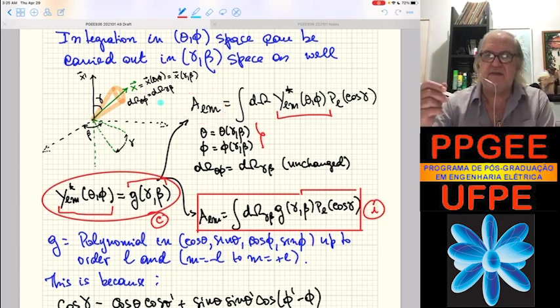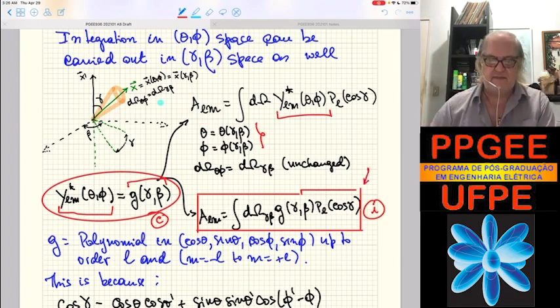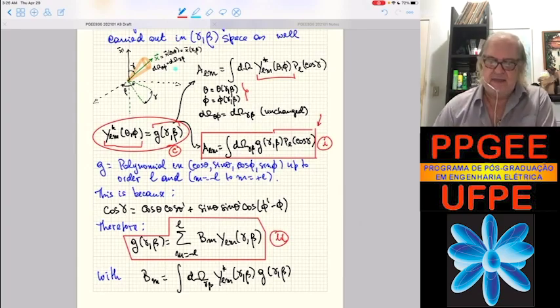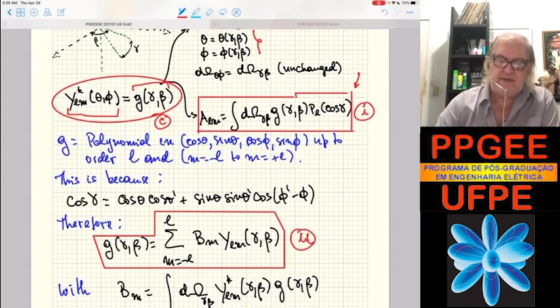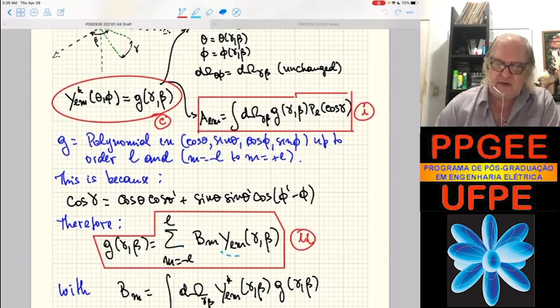So the special coefficient can be written like this. But notice that this function G is a spherical harmonic of order L, and as such can be expanded only using the same set of spherical harmonics.